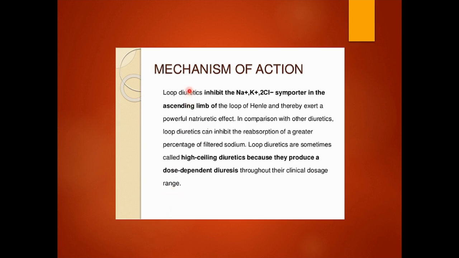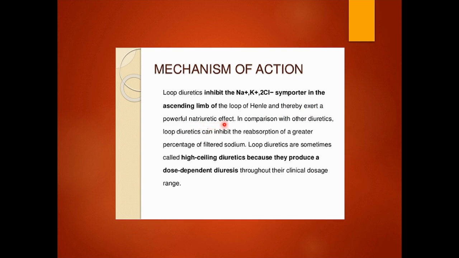So this is the mechanism of action of loop diuretics. Loop diuretics inhibit the sodium potassium chloride symporter. Here the meaning of symporter is a co-transport mechanism. So these loop diuretics inhibit the transport process of these ions in the ascending limb of the loop of Henle and thereby exert a powerful natriuretic effect.